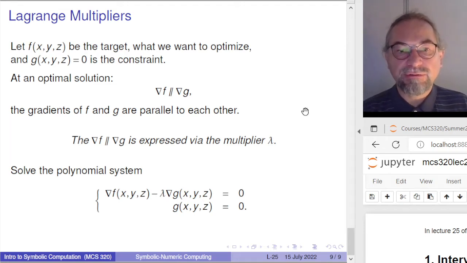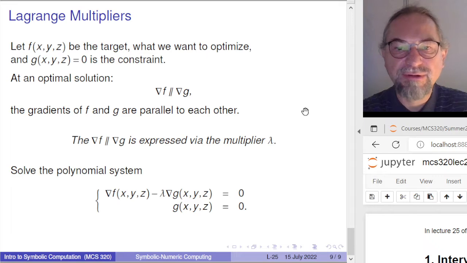The condition of the gradients being parallel to each other is expressed via a multiplier, which is indicated by the Greek letter lambda.